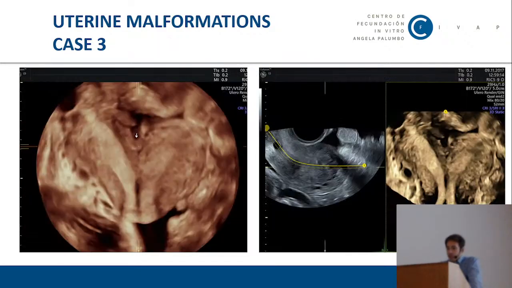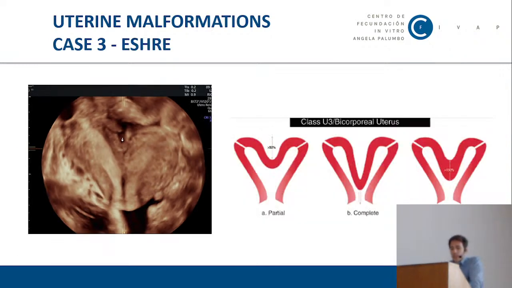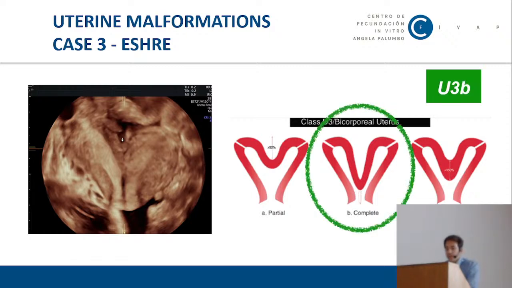In this other case, we can see we have a two-horn uterus. It is a very well-defined indentation here. So how do we classify this uterus? With the ESHRE classification, it will be a bicorporeal uterus, the third class, and it will be a complete bicorporeal uterus.